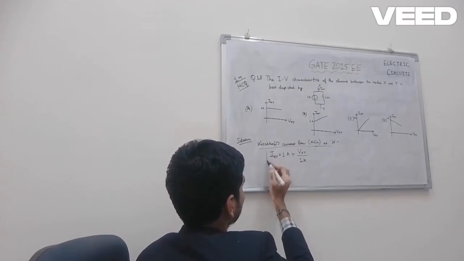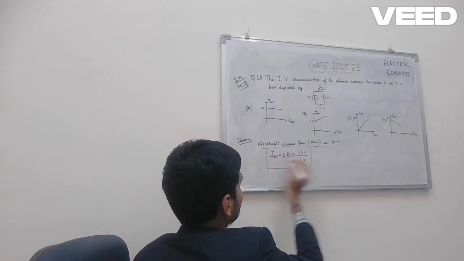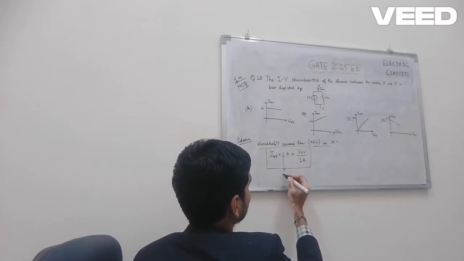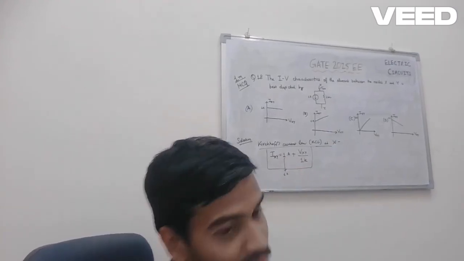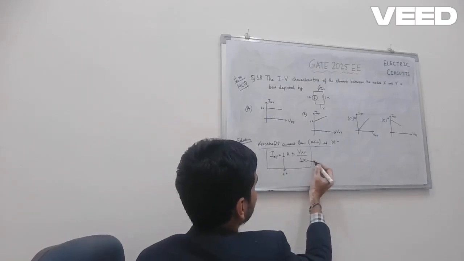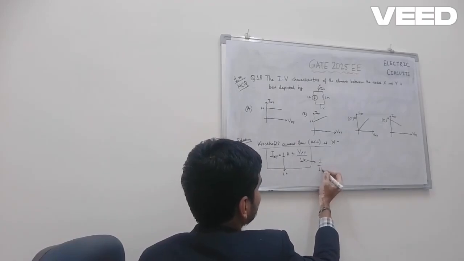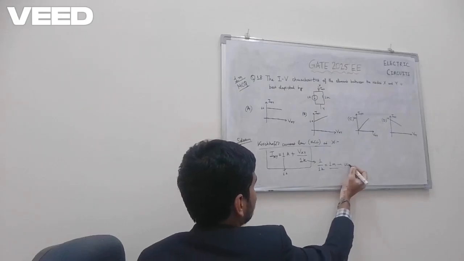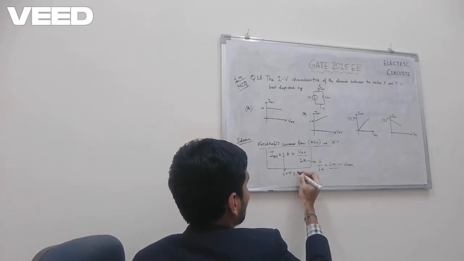Now, this in itself represents an equation of a straight line, as you can see, of IXY versus VXY with a y-intercept of 1 ampere and a slope of 1 by 1k, that is 1 millisiemens. This is slope, and y-intercept is 1 ampere.